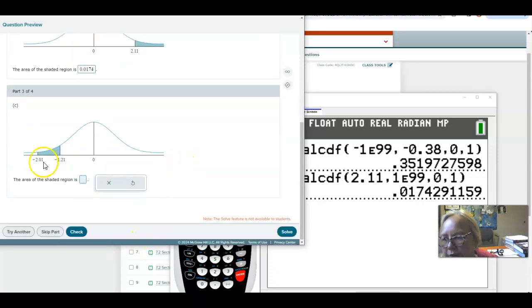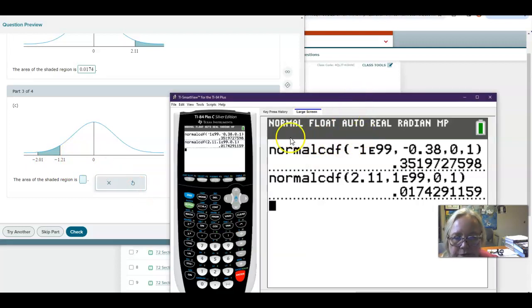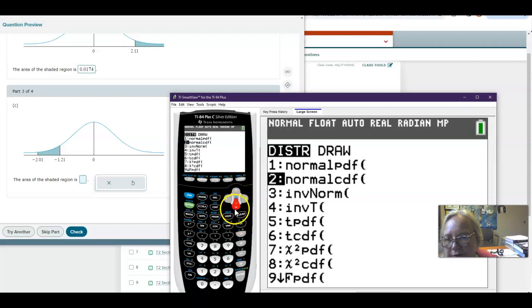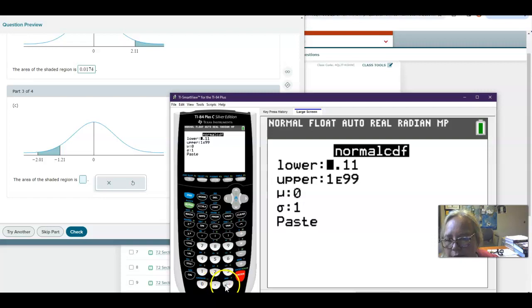In part 3, we need to find the area between negative 2.01 and negative 1.21. We use the normalcdf command, second bars, again number 2. We put negative 2.01 as the number on the left, and the upper number, the number on the right, is negative 1.21, standard normal curve.